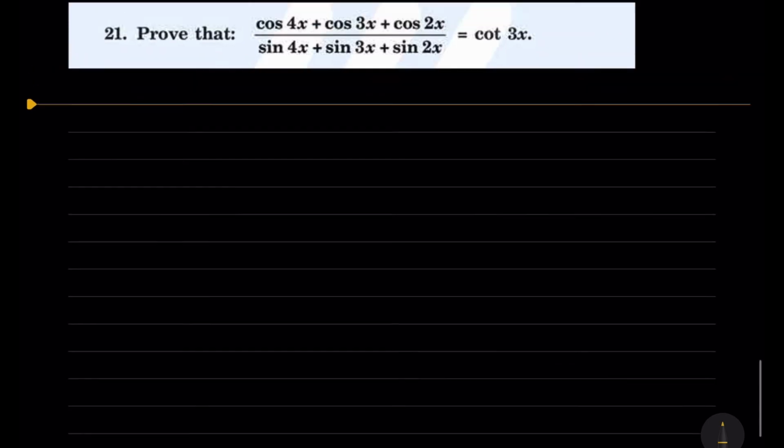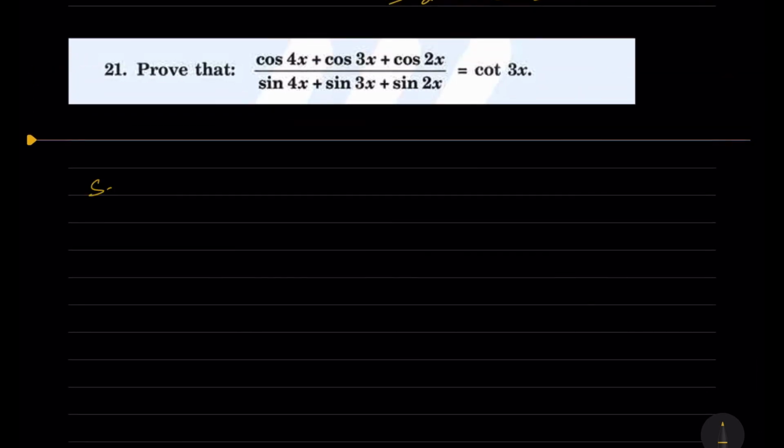So the 21st problem we have here: prove that (cos 4x + cos 3x + cos 2x) / (sin 4x + sin 3x + sin 2x) is equal to cot 3x.